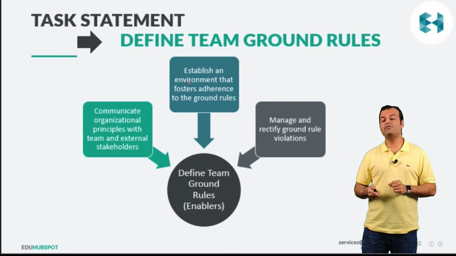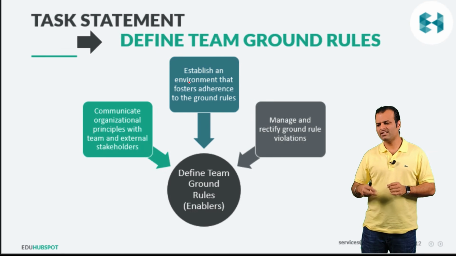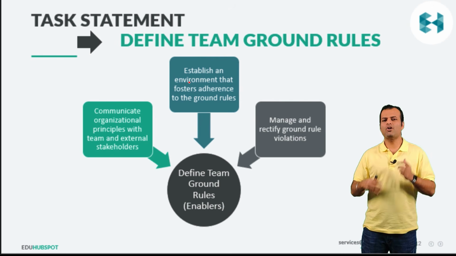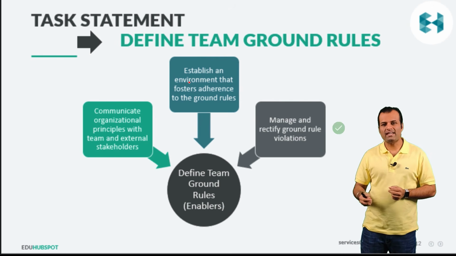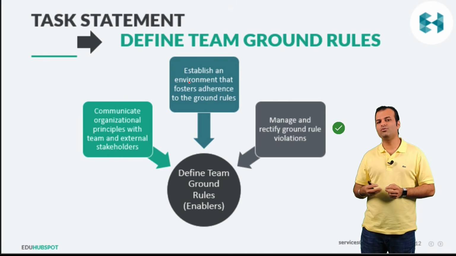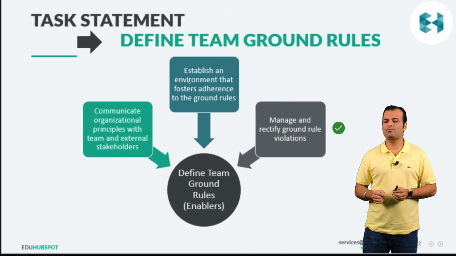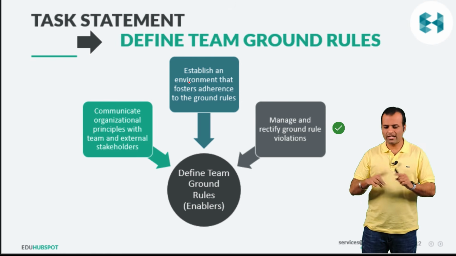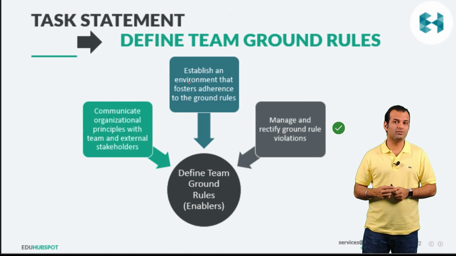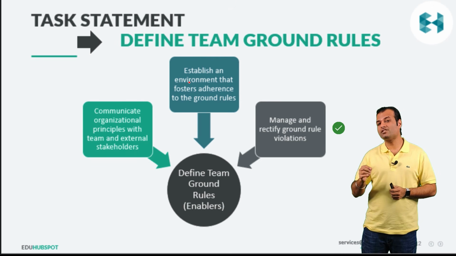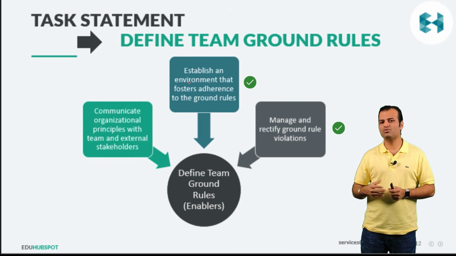Okay, what are the different enablers? Enablers are the examples of that particular task. For instance, you will manage and rectify the ground rule violations. It's your job as a project manager to make sure that you manage, and if there are any issues, you will resolve those. You as a project manager have to establish an environment that will foster adherence to the ground rules.